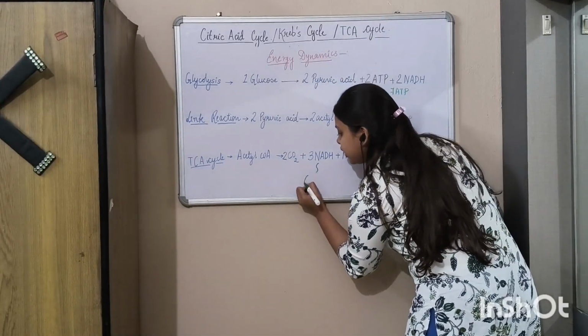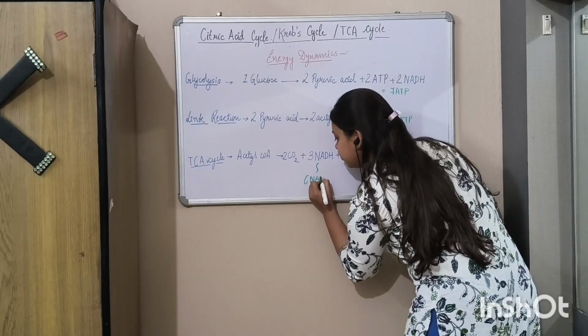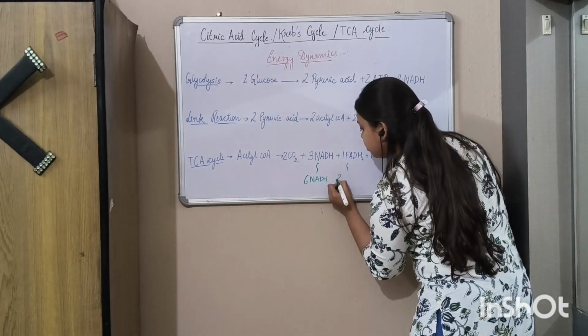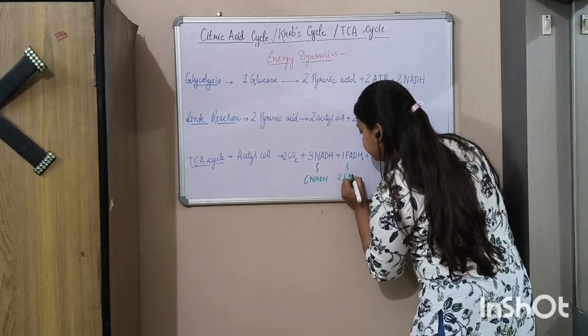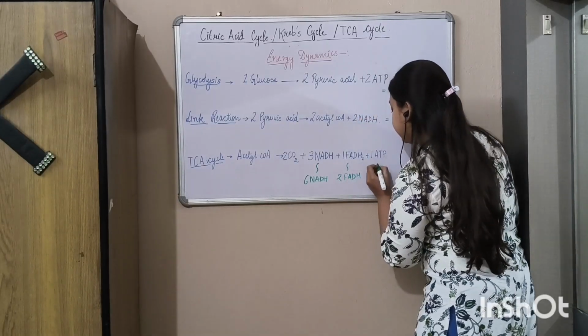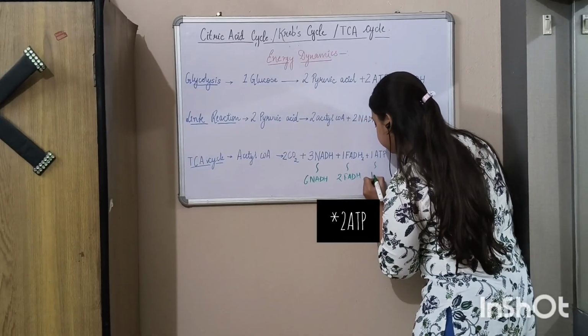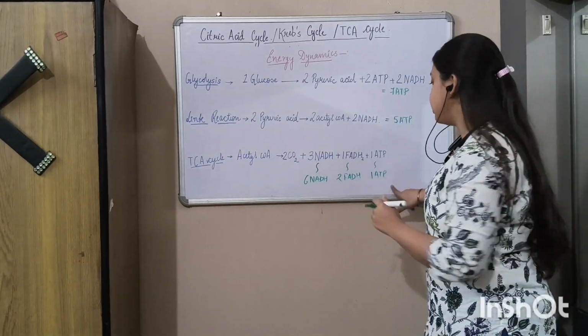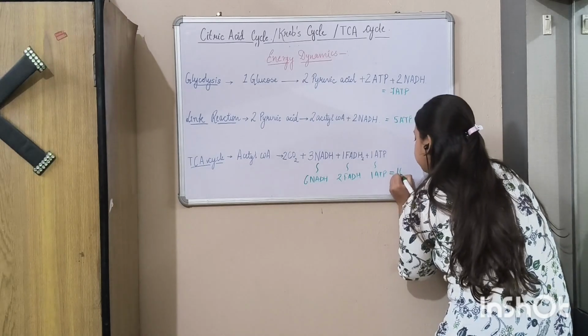So here we get 6 NADH molecules and 2 FADH2 molecules. If we calculate this, we will get 10 ATP.